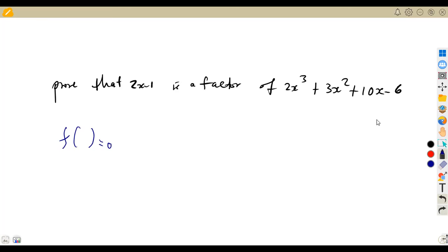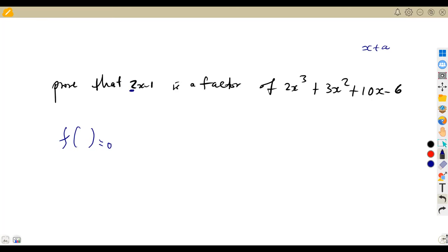Take note, on our part we say if we are given x plus a, the coefficient of x must be 1, not any number besides 1, like 2x. So here we put 2x.